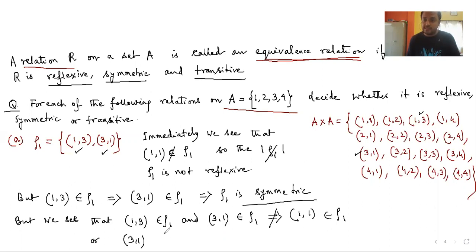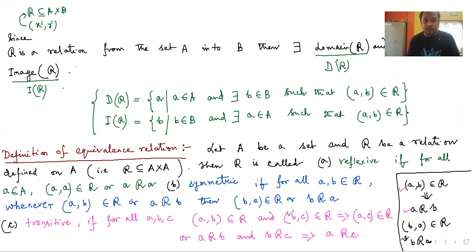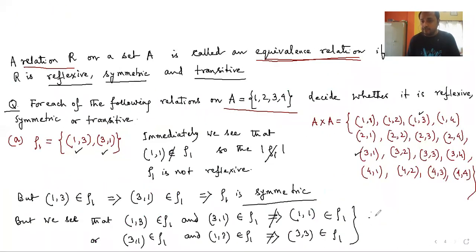You can visualize this in another way: 3, 1 belonging to rho 1 and 1, 3 belonging to rho 1 doesn't imply that 3, 3 belongs to rho 1. And therefore the property that (a, b) belonging to R and (b, c) belonging to R implies (a, c) belongs to R is not getting satisfied over here, and therefore rho 1 is not transitive.